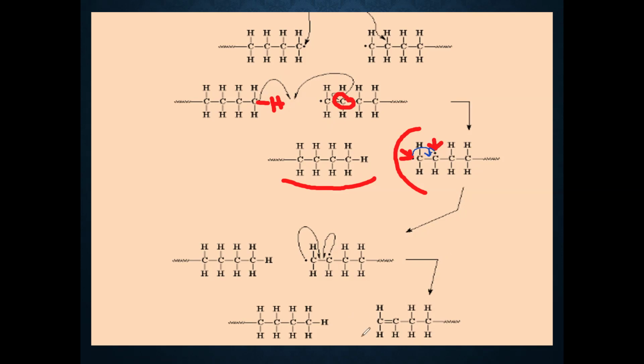And this will end up as an unsaturated polymer. So by disproportionation, we will have two types of polymers, one saturated and one unsaturated, and they are shorter in length than the polymer that is formed by coupling.